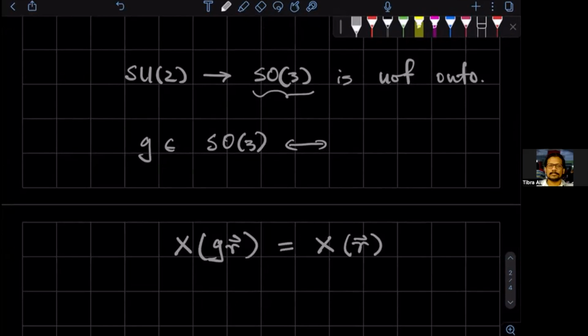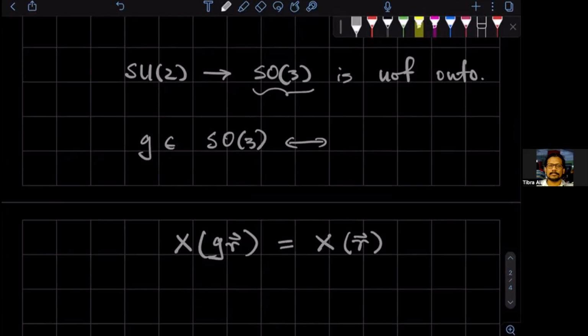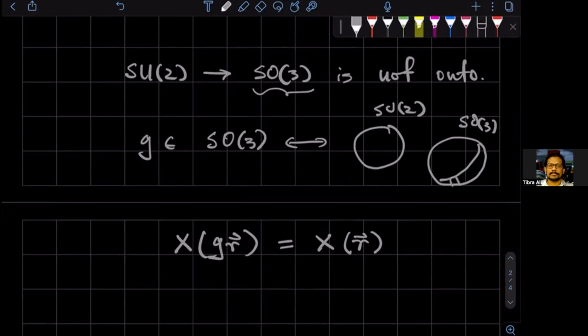Because we are assuming it's not an onto map. So this is, say, SU2, and this is SO3, and there is a part of SO3 which is not covered by this homomorphism, right? So G is an element of that part which is not in the image of SU2.